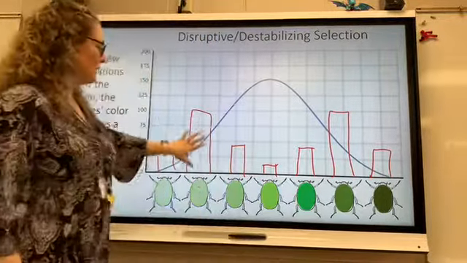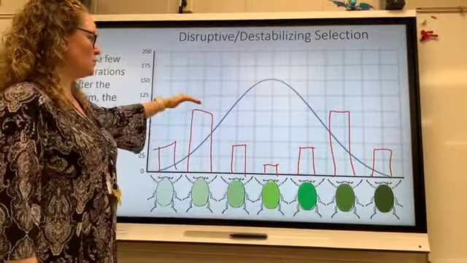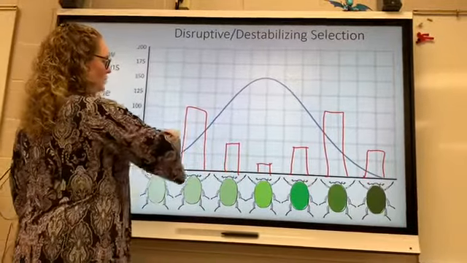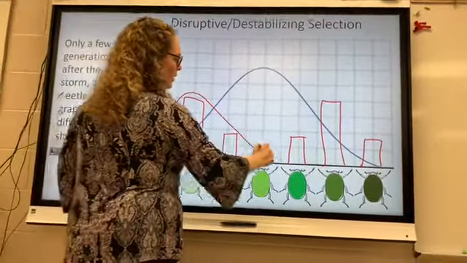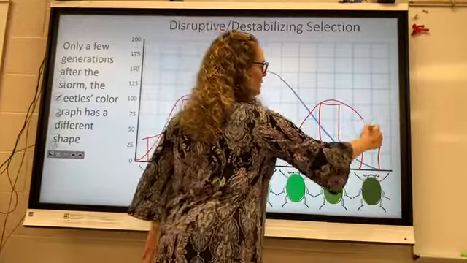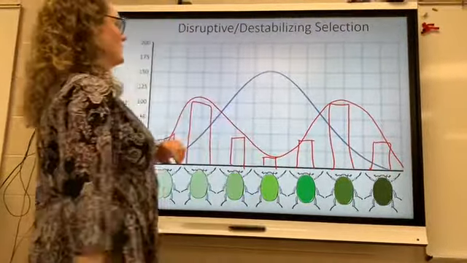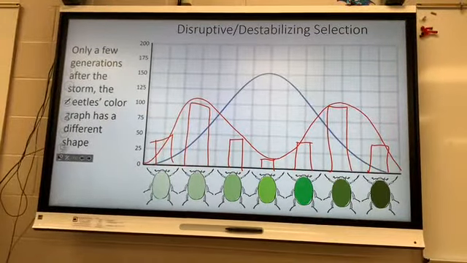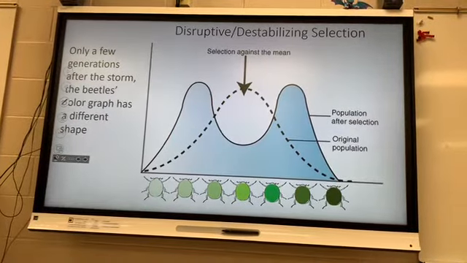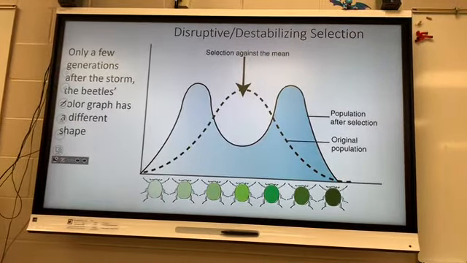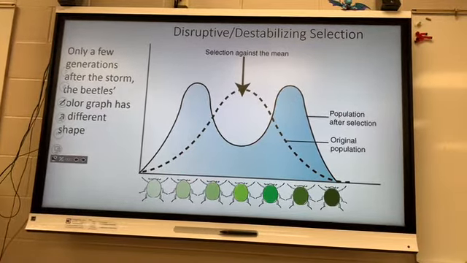But these were able to camouflage really well, and so those numbers went up. We end up getting a new shape altogether of the graph. We end up with 2 separate groups with a gap in the middle. So 2 separate peaks with a gap in the middle. Okay? We call this a disruptive or a destabilizing selection.